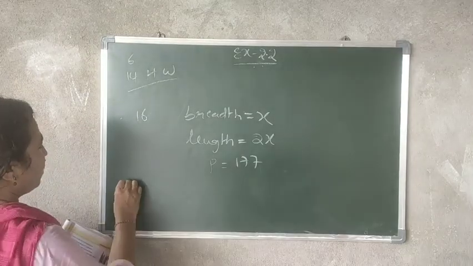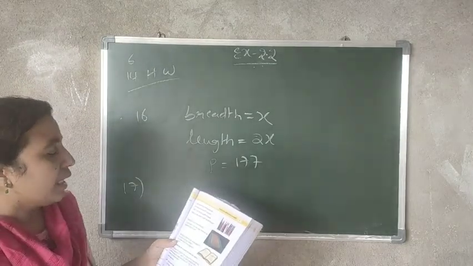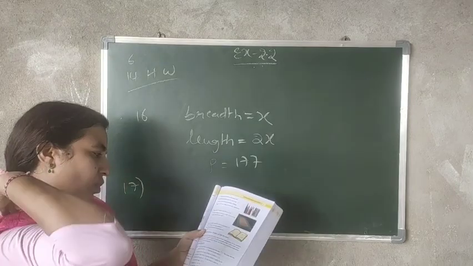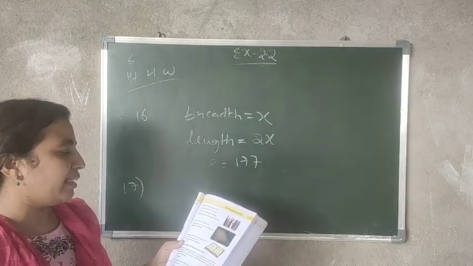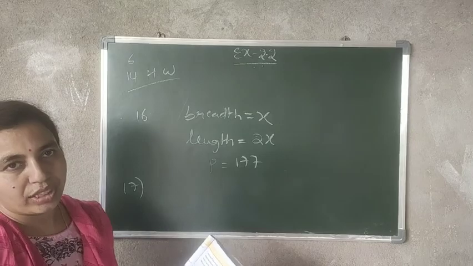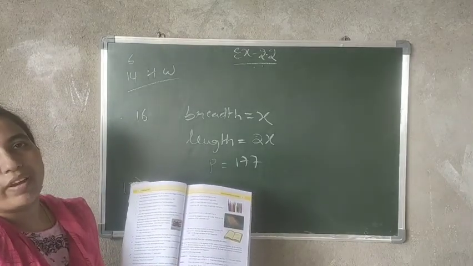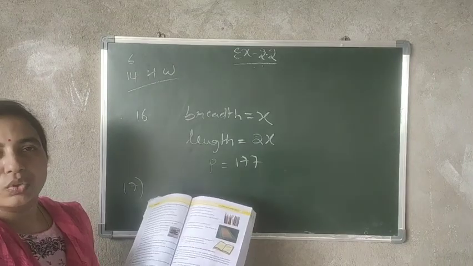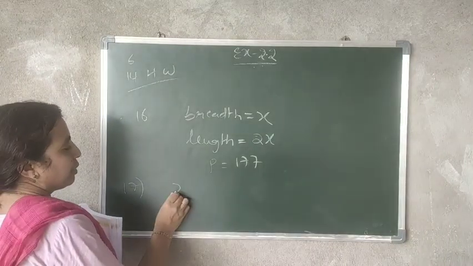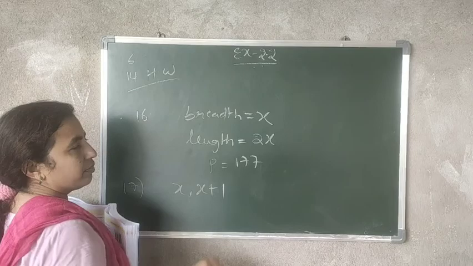Then 17th problem. The sum of the page numbers on the facing pages of a book is 373. See, if you observe the textbook, the 2 facing pages or 2 page numbers are always 2 consecutive numbers. 2 consecutive numbers means let those numbers be x and x plus 1.